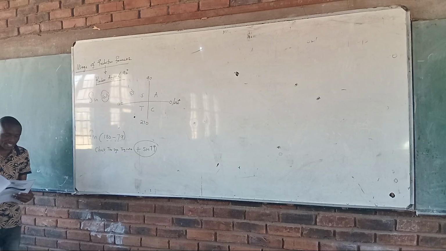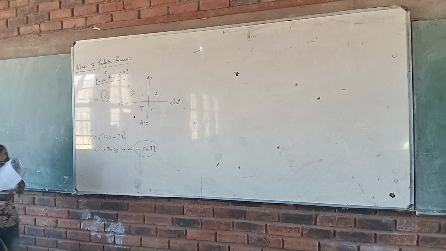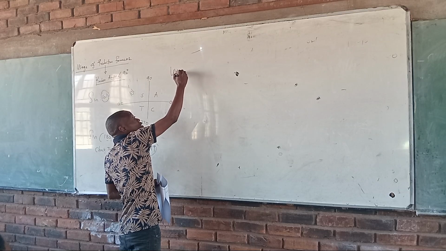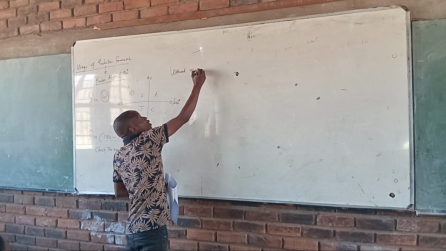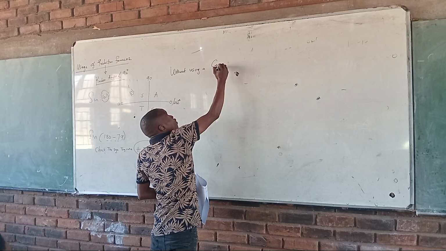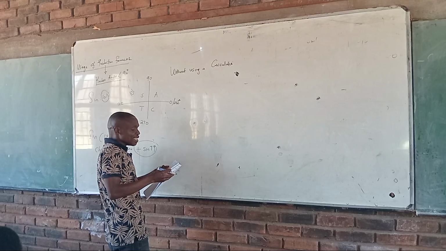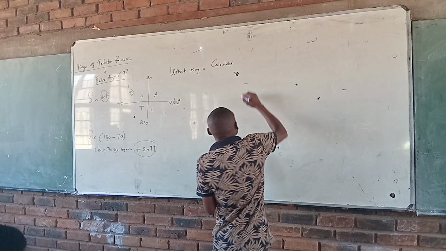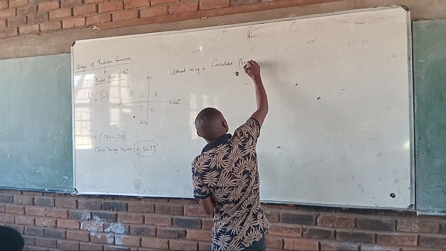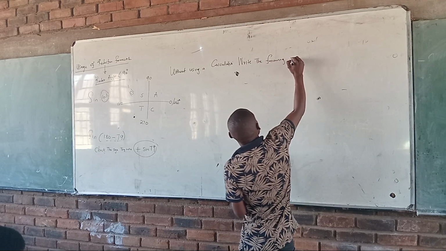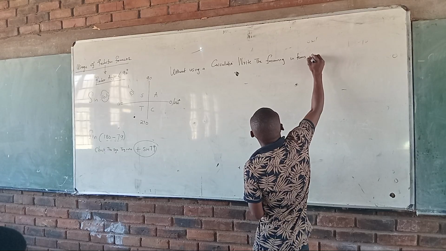So now I have one question that I want you guys to work with. It's from trial exam 2022. Without using a calculator, write the following in terms of sine 11.